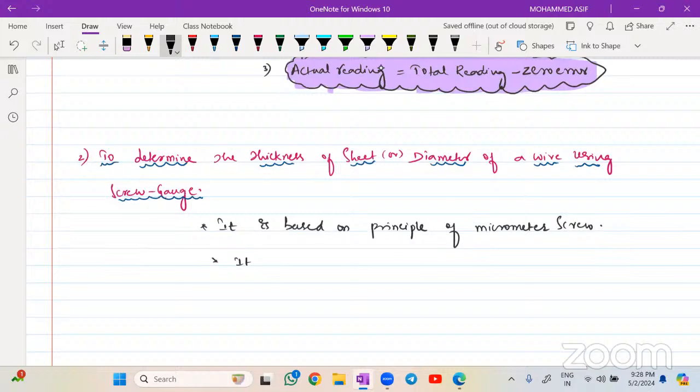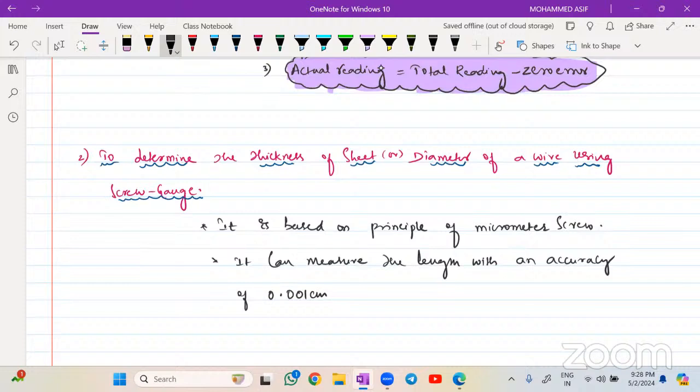It can measure the length with an accuracy of 0.001 centimeter, or I can say this one as 10 micrometer.